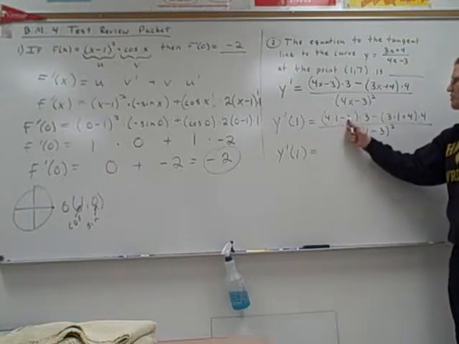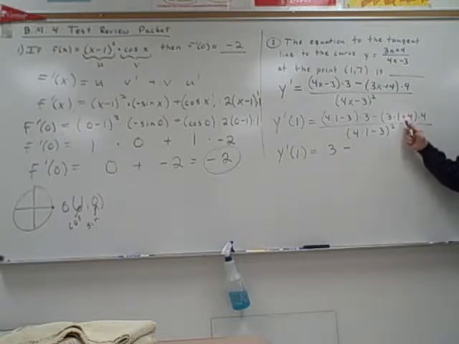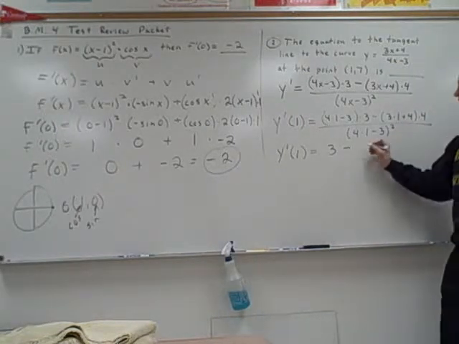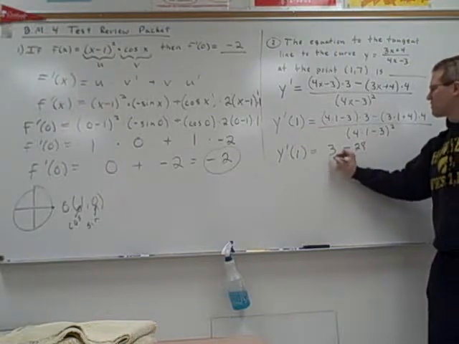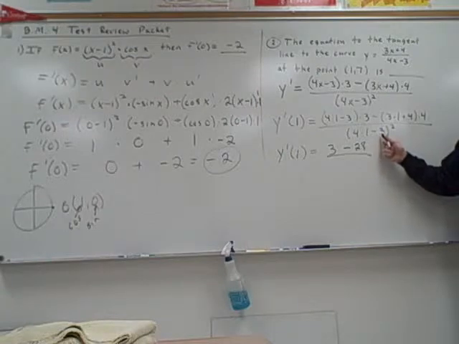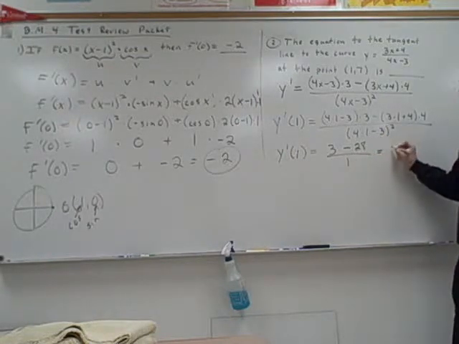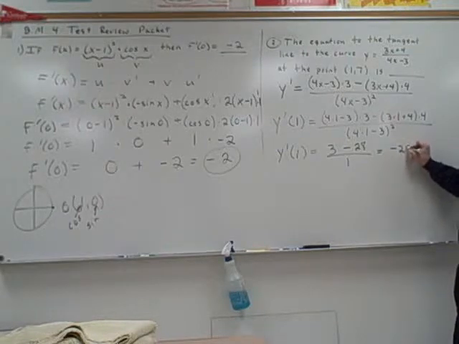This would be 4 minus 3, which would be 1, times 3, which would be 3. Here this is going to be 3 plus 4 is 7, times 4 would be 28. All divided by 4 minus 3, which would be 1 squared, divided by 1. So this comes out to negative 25. That is my slope.